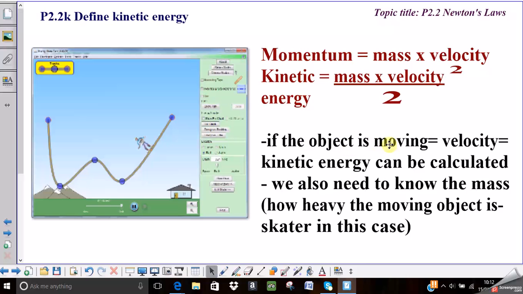I can calculate how much energy this object will have because of its motion, because it's moving. Obviously, we also need to know the mass, or how heavy the moving object is, which is the skater in this case. So if I know the mass and the velocity of an object like our skater, I can calculate the momentum, and I can also calculate the kinetic energy that that specific skater has.